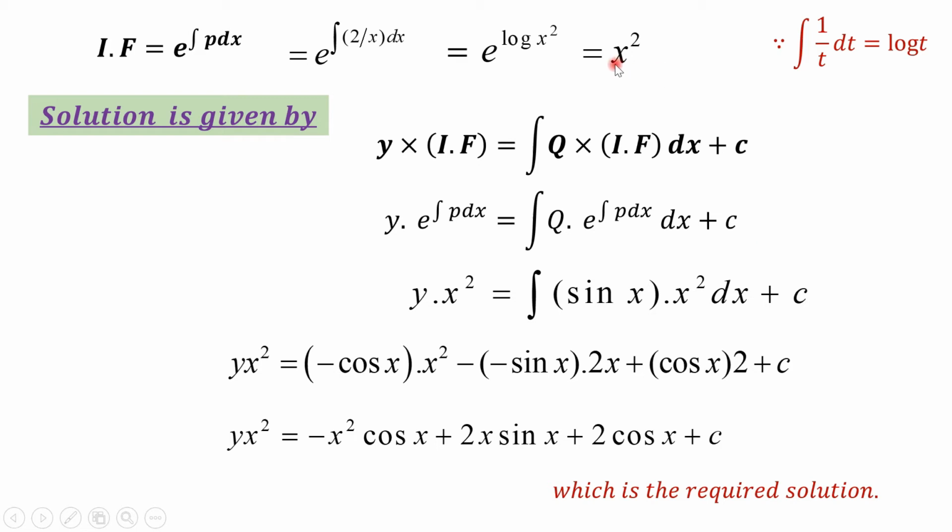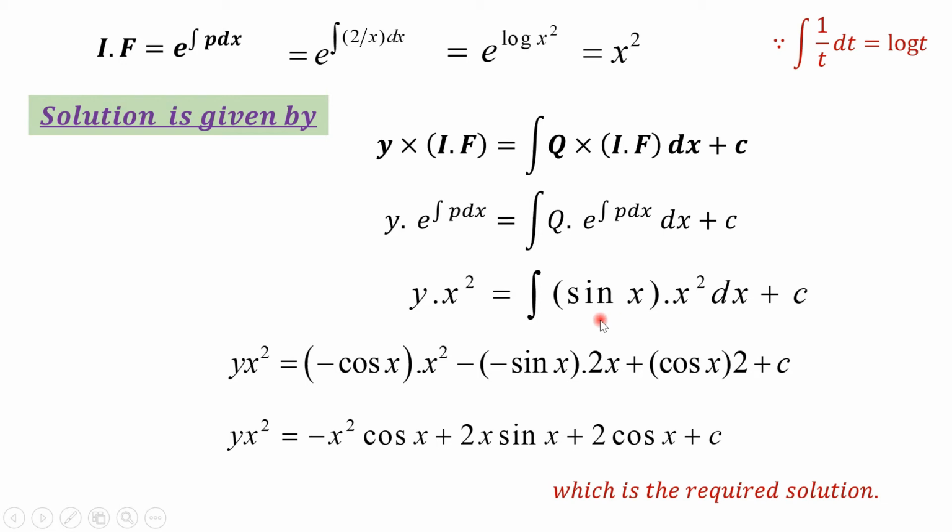From above, we have already found that the value of I.F. is x squared. Then y times x squared equals integral of q, which is sin x, times x squared dx plus c.